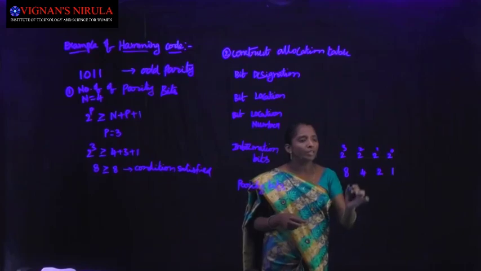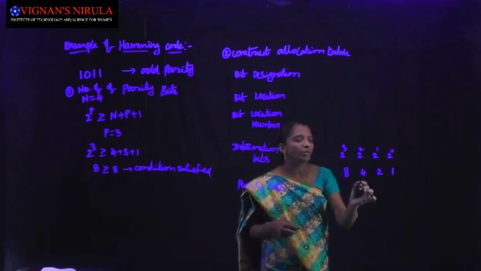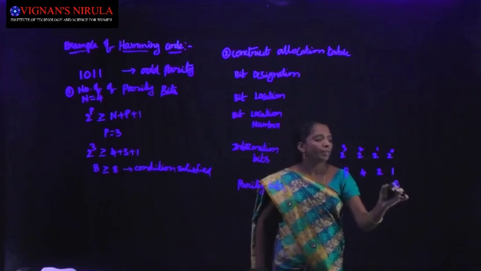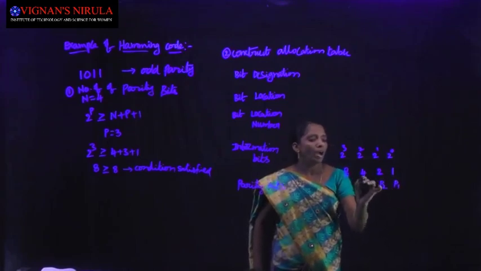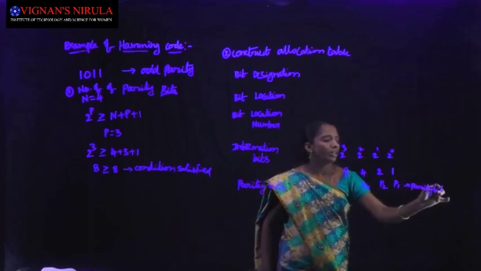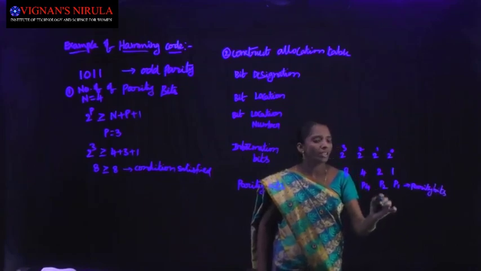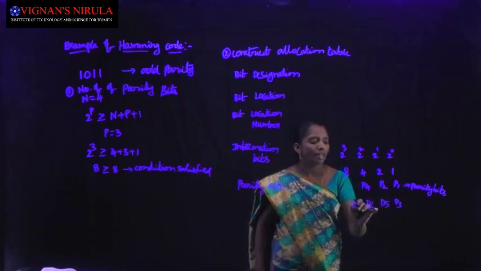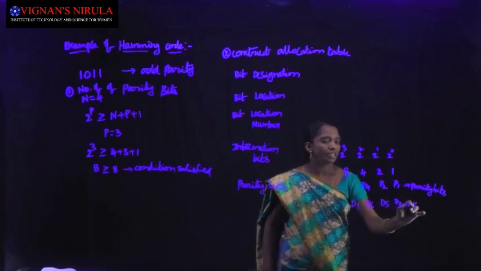Now we have 3 parity bits, so we should allocate the parity bits at P1, P2 and P4. What are the remaining ones? D3, D5, D6 and D7 are the information bits.